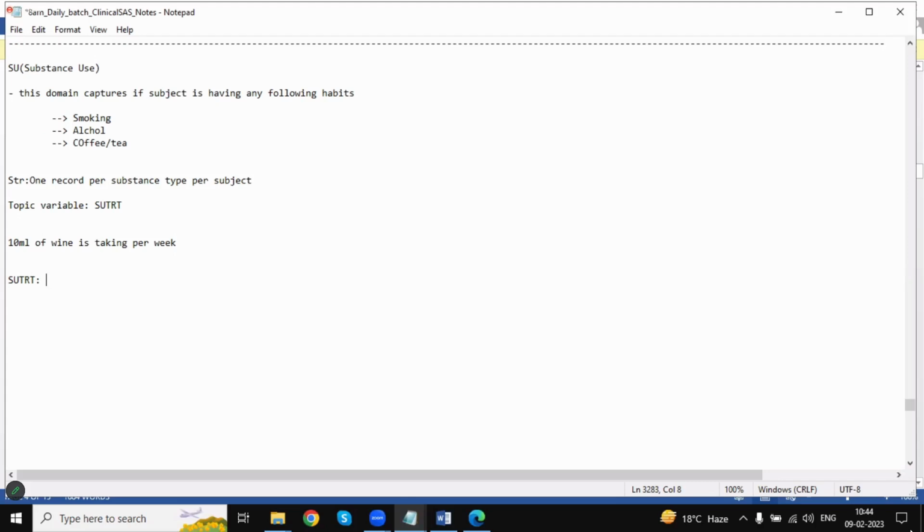SUTRT is wine. It's taking wine only, right? That's the main habit; that habit name will come here. How much dose is being taken? SUDOSE is 10, SUDOSU is ml.